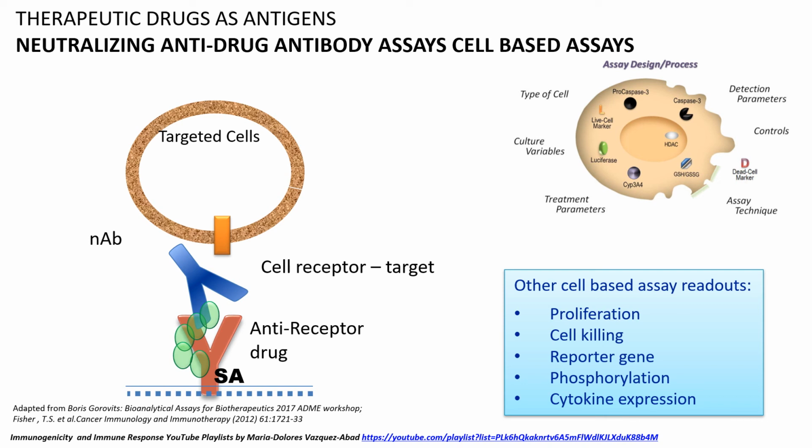The neutralizing anti-drug antibody assays require you to really tailor to the mechanism of action, to the actual target of the drug, and which kind of cells can be used, and then to the different kinds of ways that we have to detect that binding of the drug to the cell surface target.